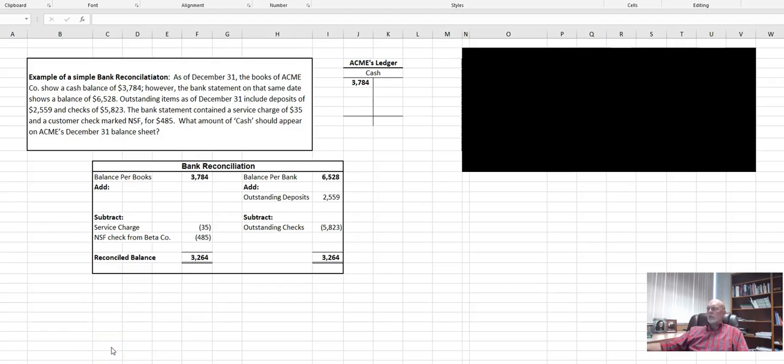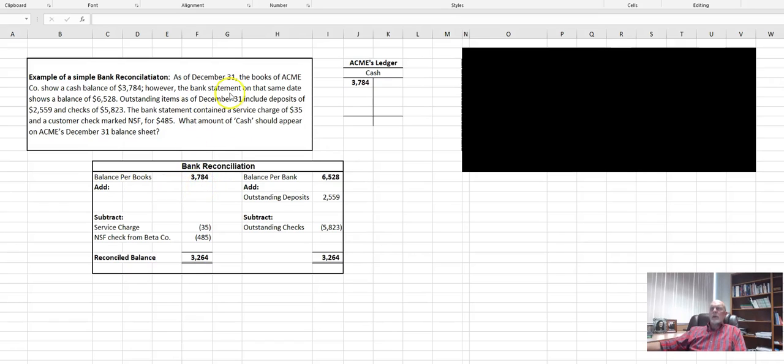Okay, so now I want to go through a simple little problem with you and how a reconciliation would work. So here's the situation. As of December 31st, the books of Acme Company show a cash balance of $37.84. That's what I have here as our balance per books.